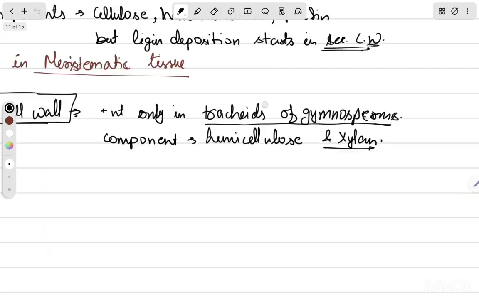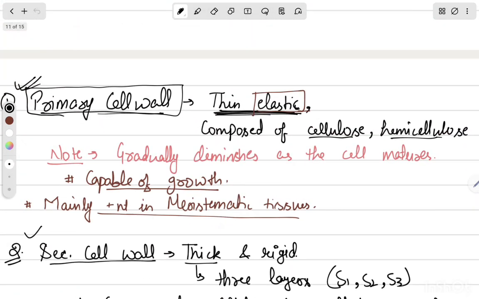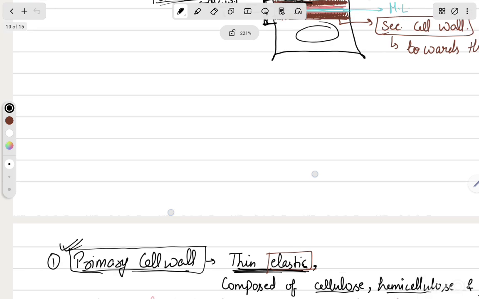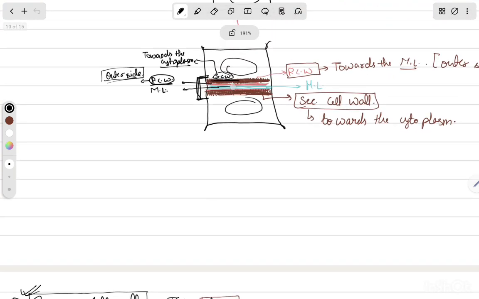Now, what is middle lamella? What is the function of middle lamella? If you can see, this middle lamella is present between these two cells, or we can say two neighboring cells.